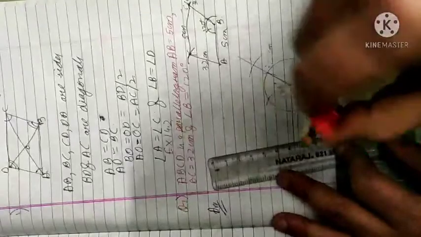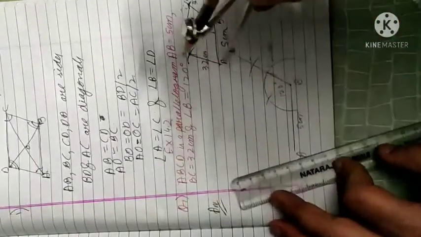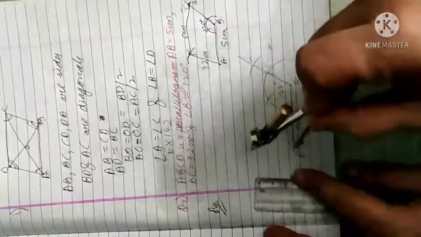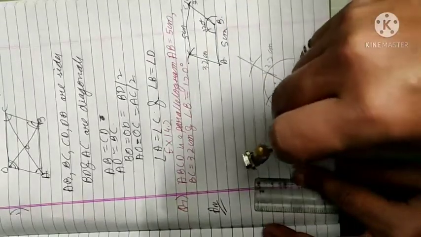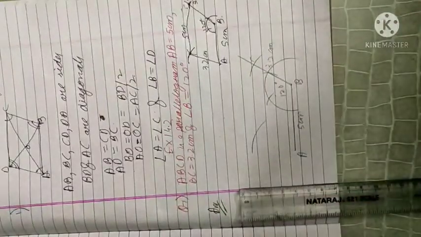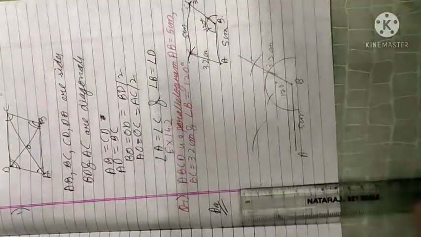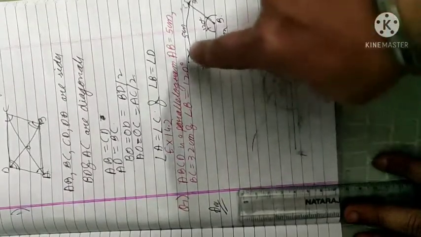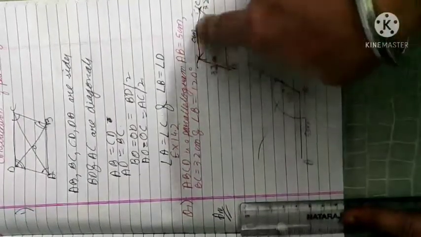Okay. If BC is 3.2, this AD will also be 3.2. So you will draw an arc of 3.2 this way also. Now AB was 5, so I said that this CD will also be 5.